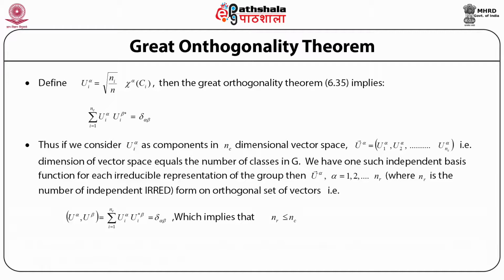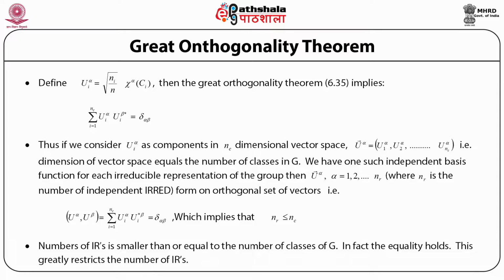That is, the scalar product of two vectors u alpha and u beta, which is given by the product of the components of the vector for the representations alpha and beta, namely u alpha i, u beta star i, summed over all i, where the number of classes goes from 1 to nc. This is equal to delta alpha beta, which means that nr is less than or equal to nc.